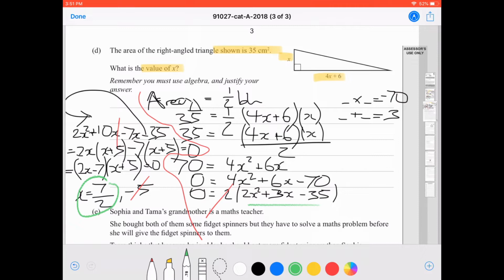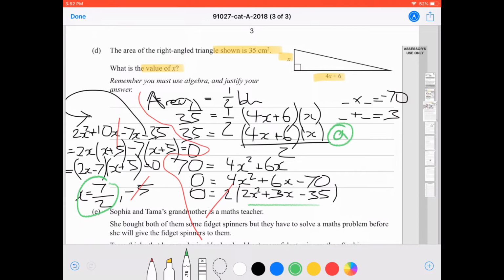Okay, so for Achieved, you get the equation correct by expanding or removal of the factor of 2 from the term in brackets. So up here somewhere. Merit, you've done that. You've also got consistent factorization of the quadratic into 2 brackets.